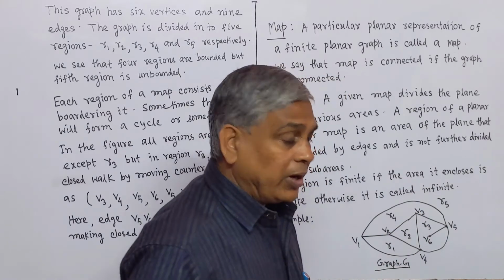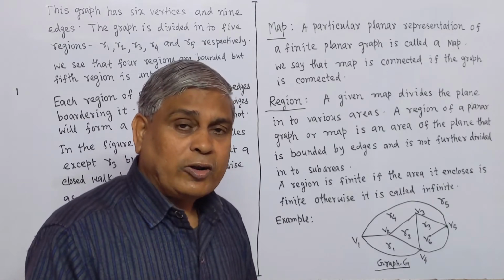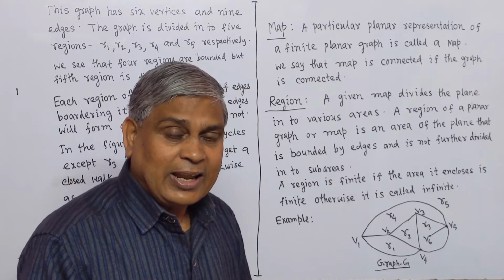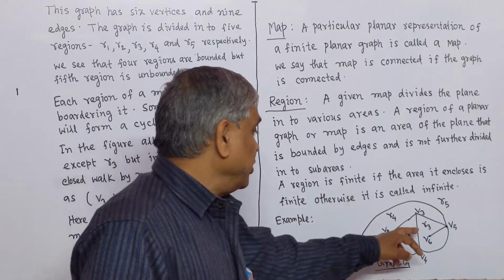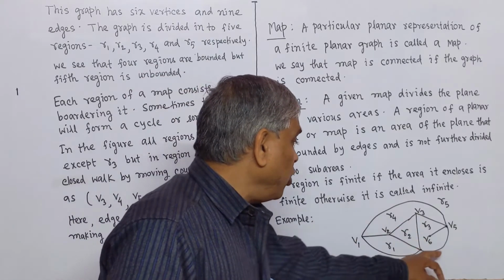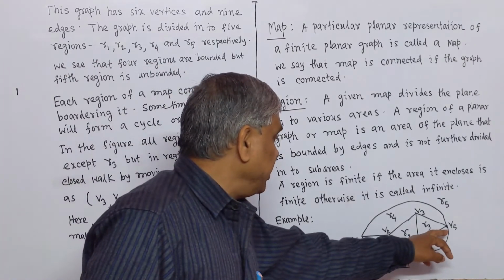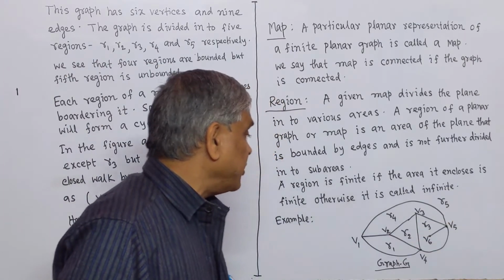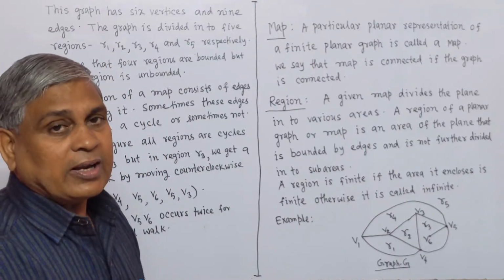This is a closed walk. The region R3 is not bounded by a cycle. The region R3 is formed by the closed walk. Here we see that edge V5, V6 occurs twice for making the closed walk.